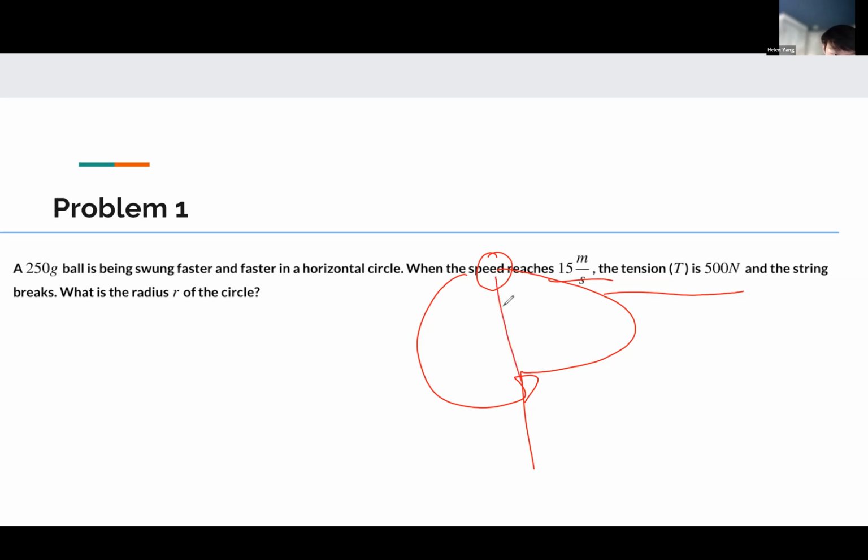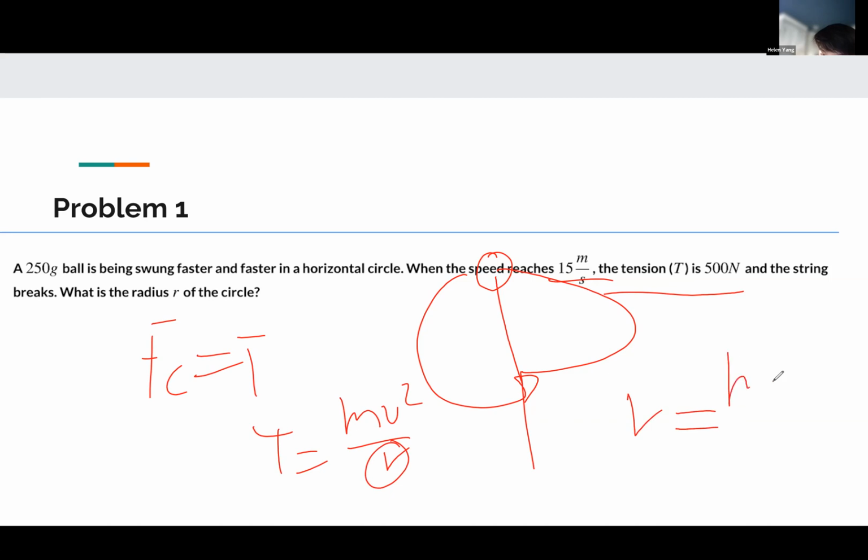What is the radius of the circle? In this case, the centripetal force is equal to the tension of the rope, which is 5 newtons. So you can write the tension is equal to mv squared divided by r. Trying to find r, it would be r equals mv squared divided by T.